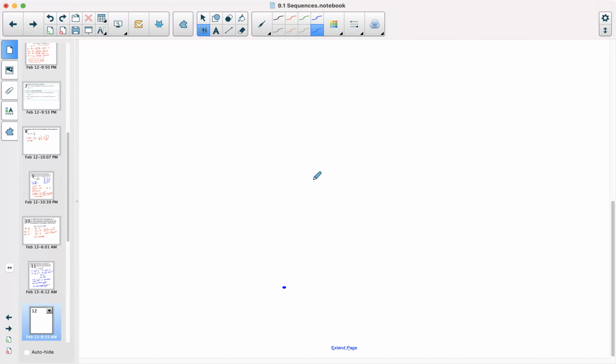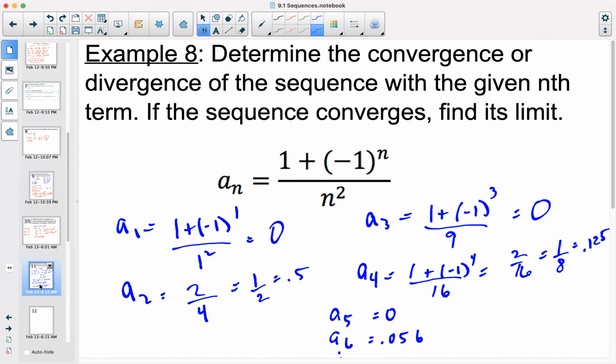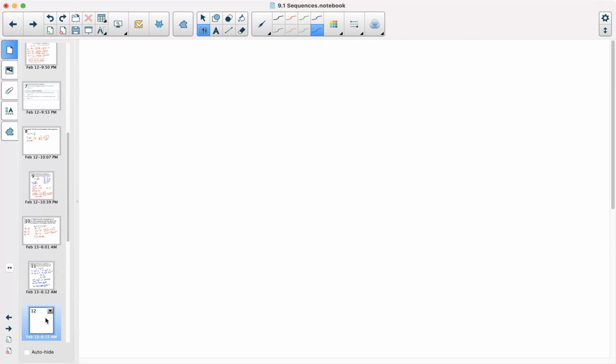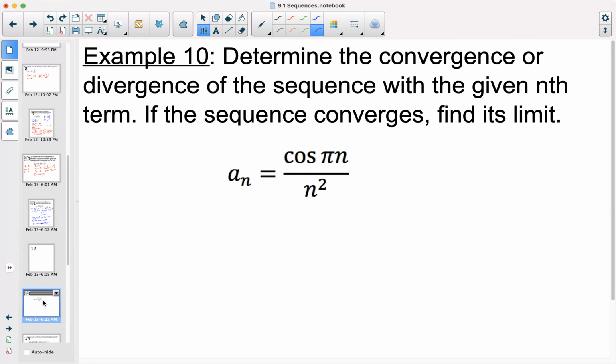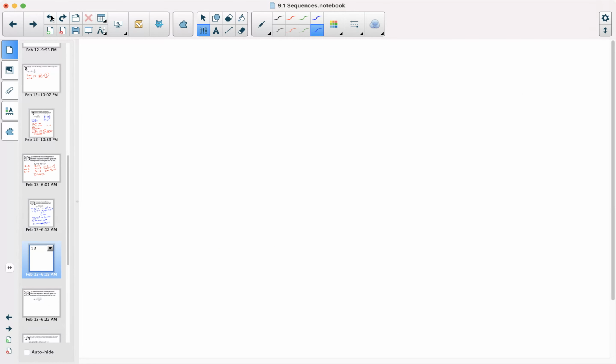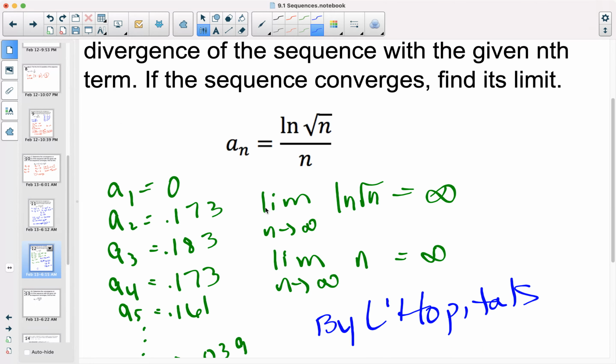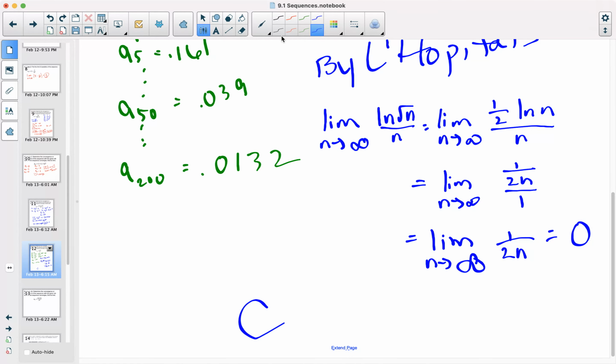I don't know what just happened just now. Did I lose my whole page? Yes, I did lose my whole page. That is a converge. There's the limit, and that is a converge, just like we thought.